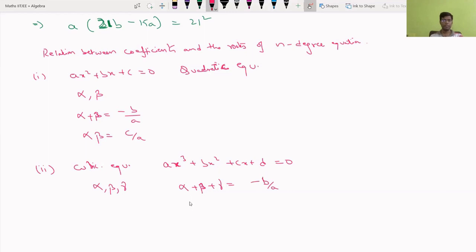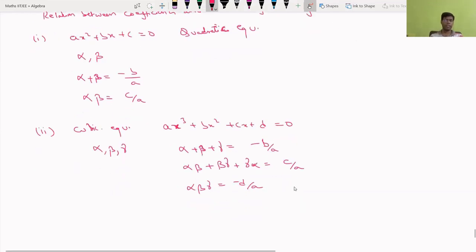The sum of the roots taken 2 at a time, alpha beta plus beta gamma plus gamma alpha, is given by c by a, and product of the roots is given by minus d by a.